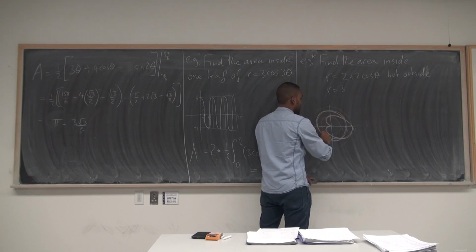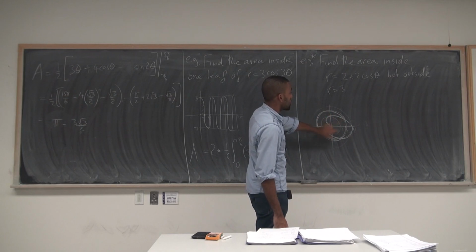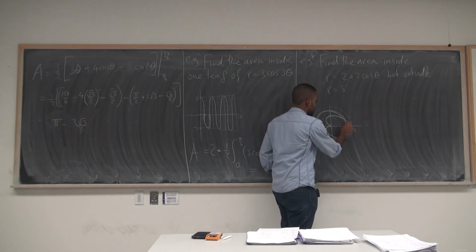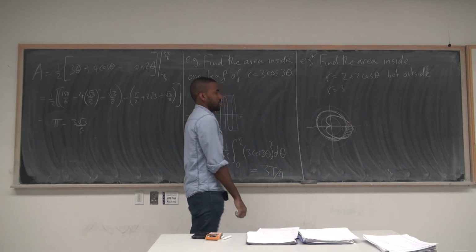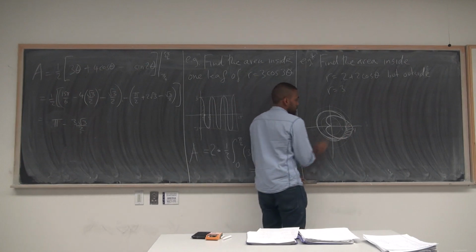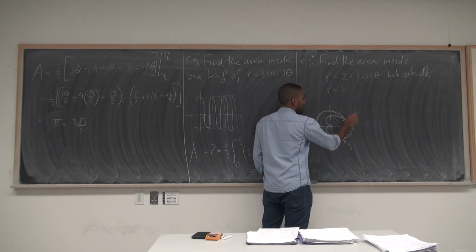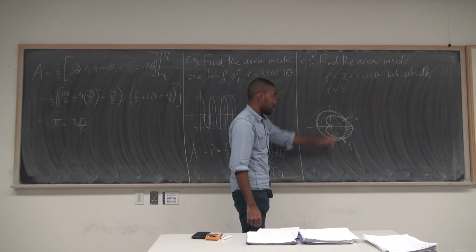What area do I want? They're inside the heart, but outside the circle. Sliver. It's this guy. So basically what I'm going to have to do is figure out what theta values bound this region. What's my theta 1 and my theta 2? But what has happened here?